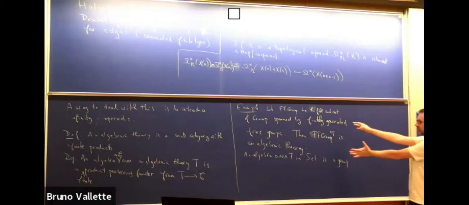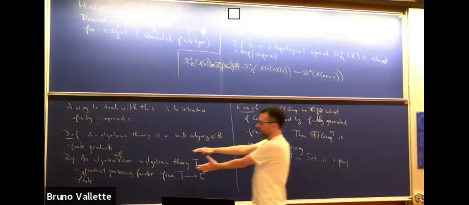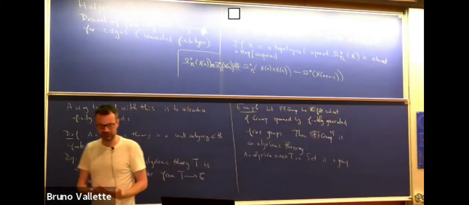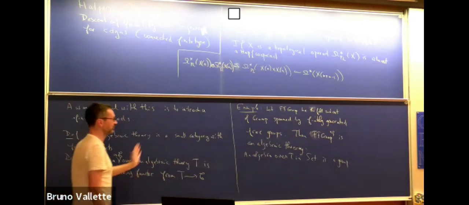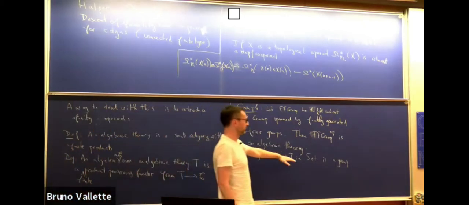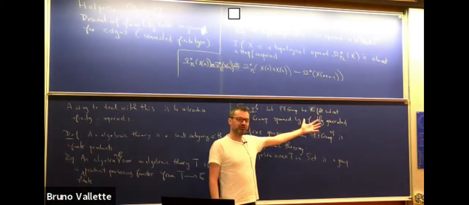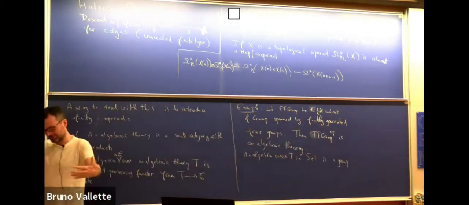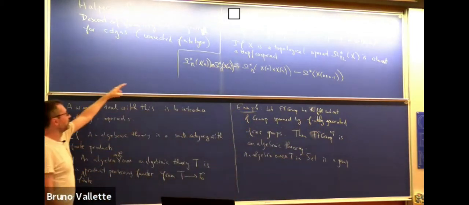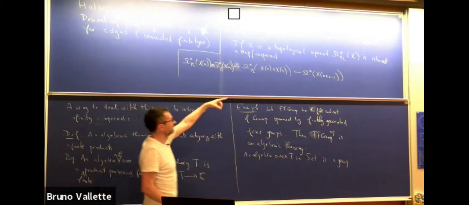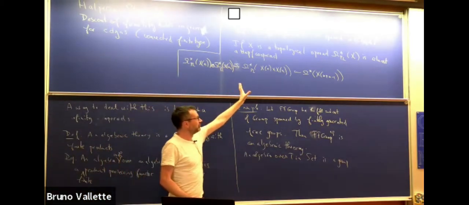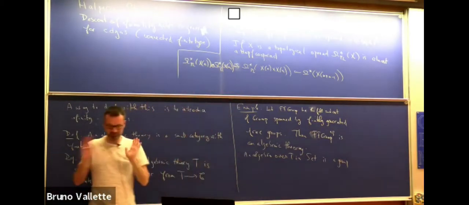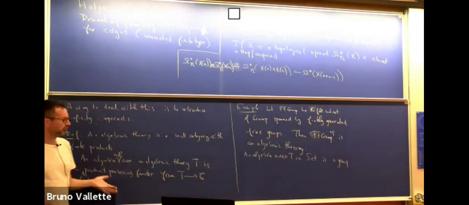And you see that now that we have this language, we know what it means to consider groups in any category with products. We just define them to be functors from T to your category that preserve products. So for example, commutative algebras op is a category with products.